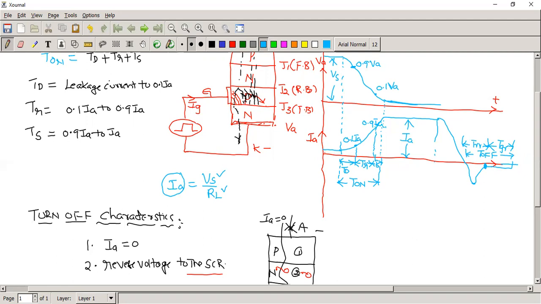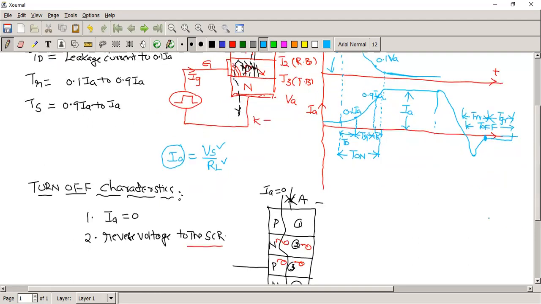Now from this we can say that the turn off time of the SCR, T off, equals TRR plus TGR.